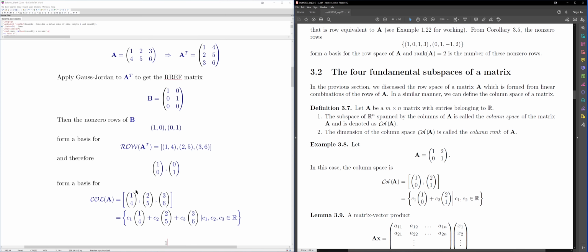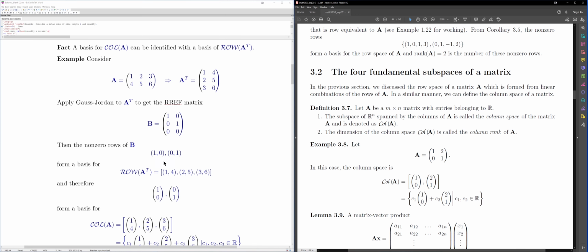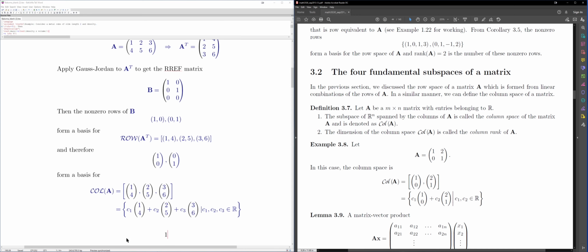So one more time, if I want to get a basis for the column space of a matrix, you form the transpose of the matrix, apply Gauss Jordan, and get the non-zero rows. Then you just convert these non-zero row vectors into column vectors, and these column vectors would be a basis for the column space of your original matrix.